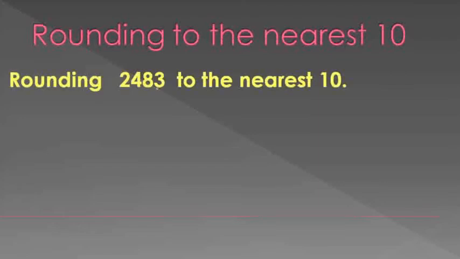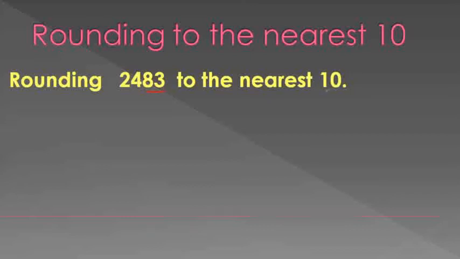Now move towards the next example. Rounding 2483 to the nearest 10. It doesn't matter whether this number is 4 digit or 5 digit or 6 digit. Just observe the last two digits of the given number, that is 83.